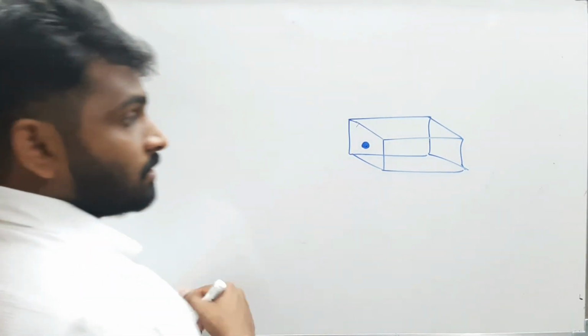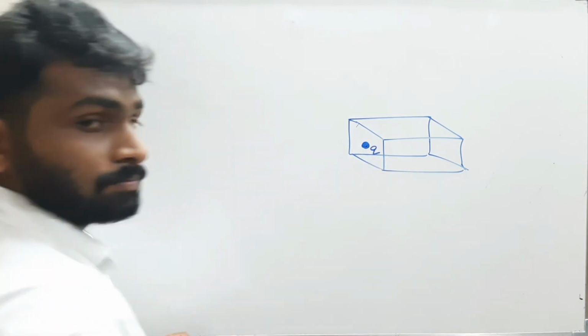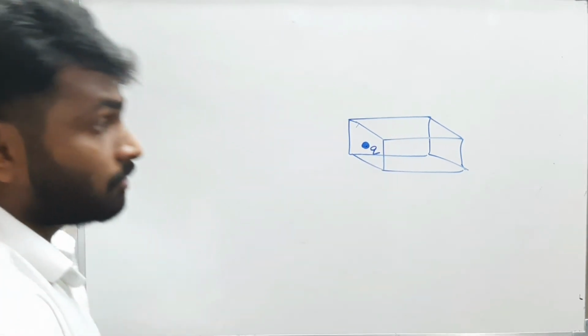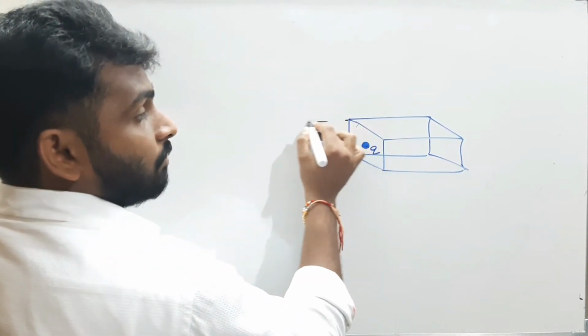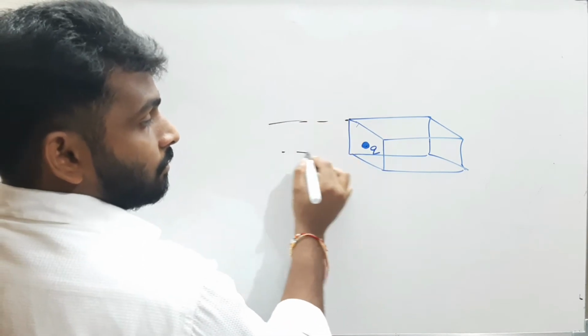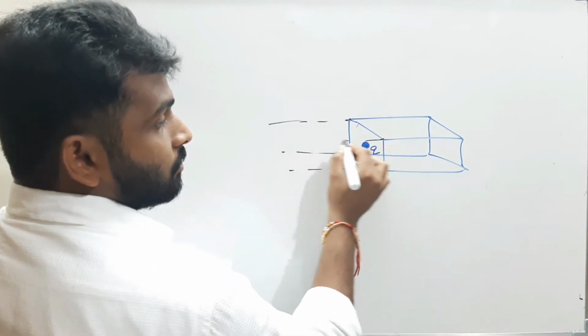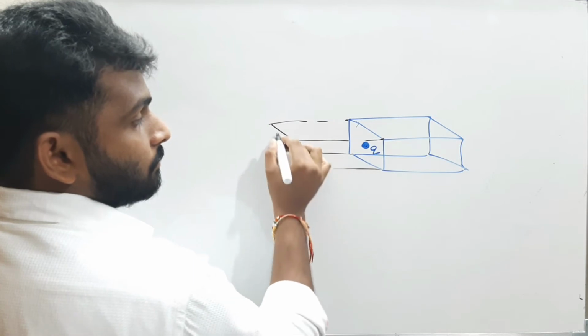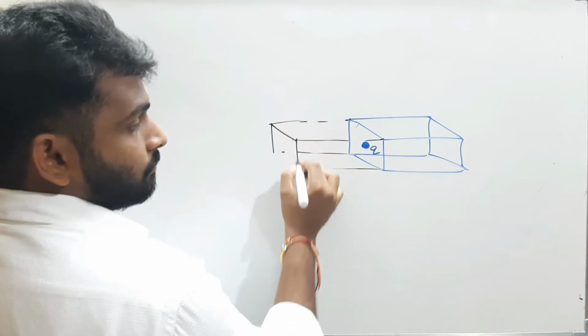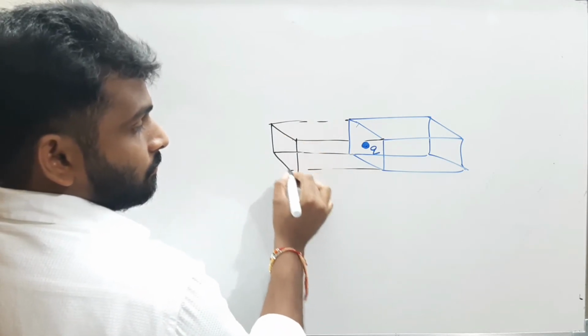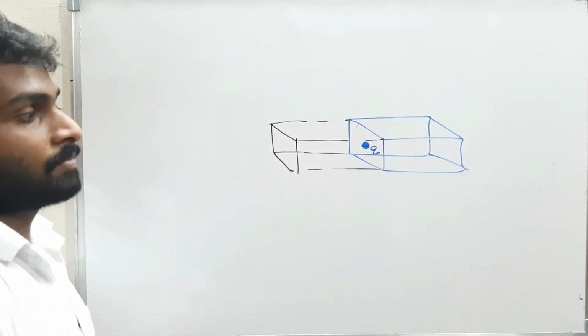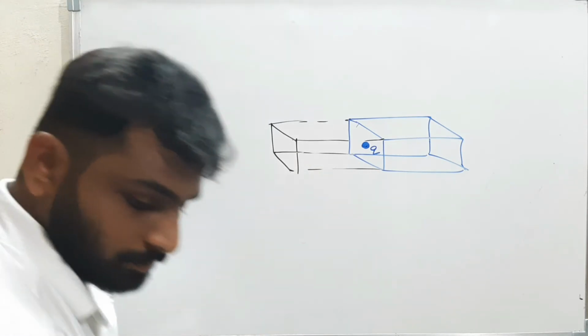Now, if this is a charge Q, what do I have to do? To cover this charge, I have to assume one more body, like this. Can you imagine that?